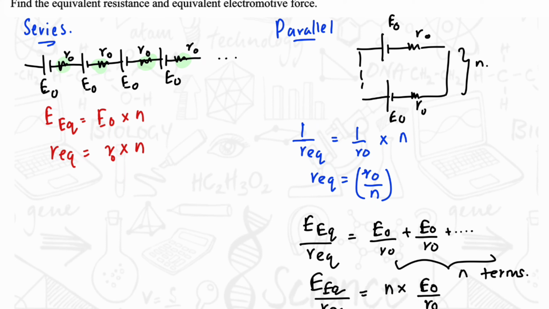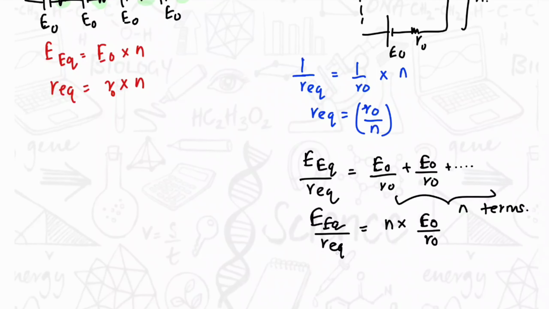So instead of Req, we can write this equation. So we get EEQ divided by R0 over n is equal to n times E0 over R0. Therefore, EEQ is equal to E0.